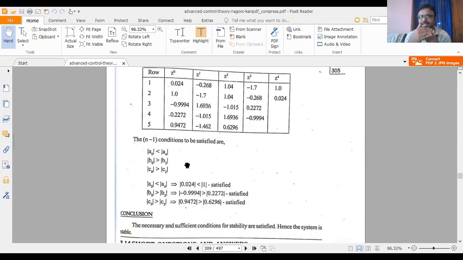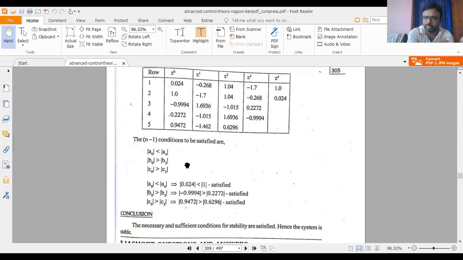These constraints change in some textbooks, but in the end all systems are determined stable or unstable depending upon the constraints. So my request is: don't get confused about this.